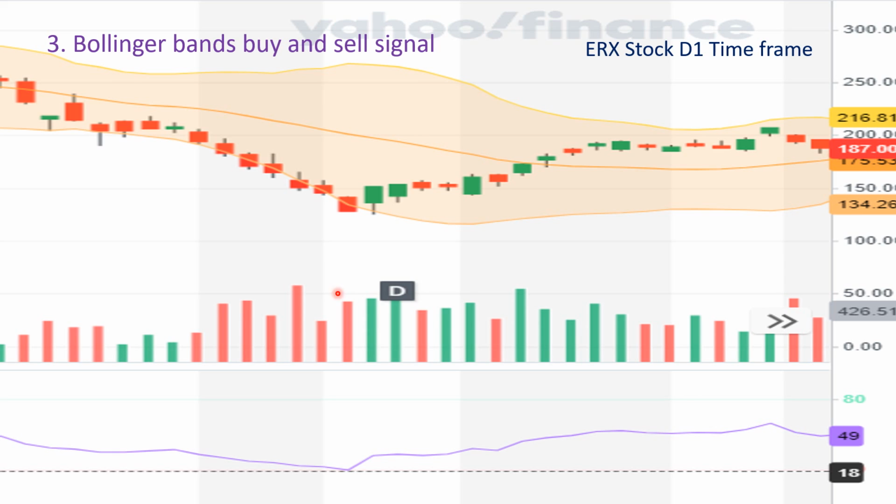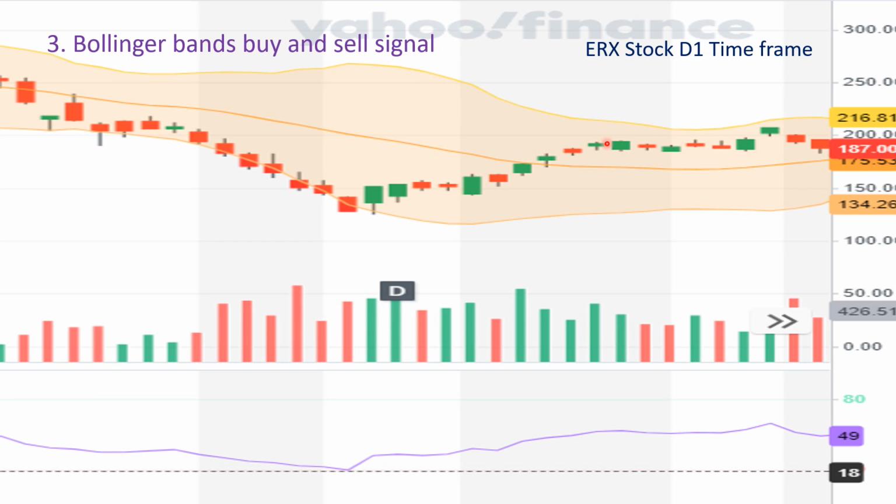Let's say the trend is going upward and then the candle exits the upper band with the bullish candle and closes outside, and then returns back inside the band and closes inside with a bearish candle, it generates a sell signal.